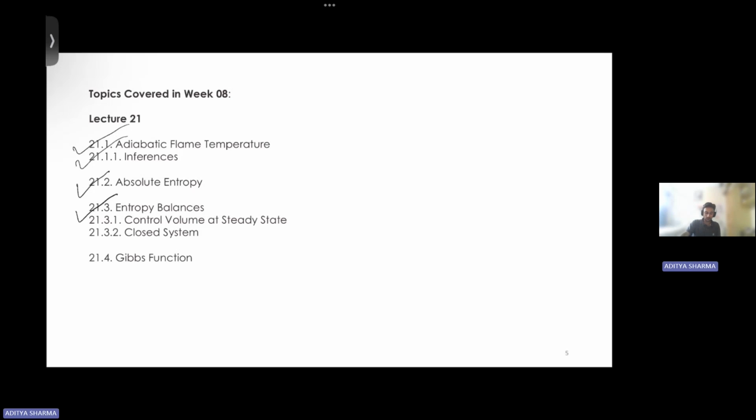This comes from your third law of thermodynamics: entropy for a pure crystalline substance is zero at absolute zero temperature. You take this as your reference when you define the absolute entropy. So when the temperature increases, the entropy is defined based on this reference of 0 Kelvin. This is basically your absolute entropy.